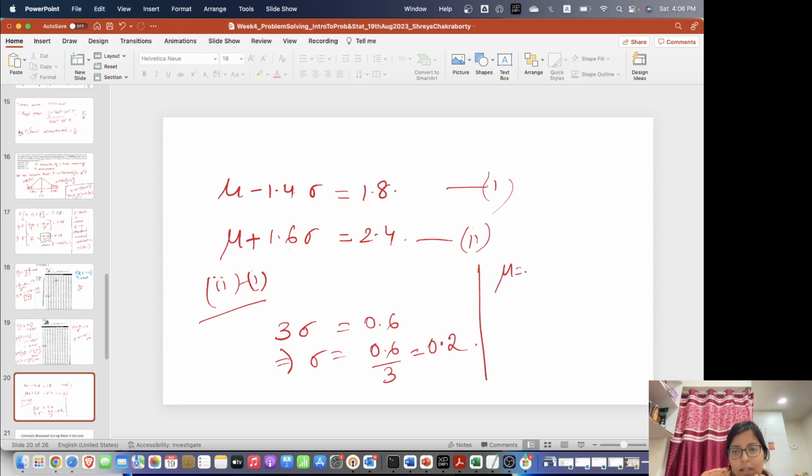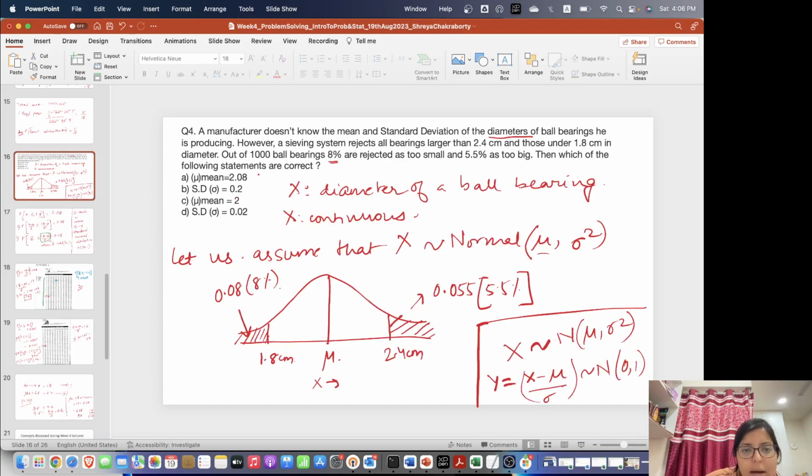And then mu will be 1.8 plus 1.4 into 0.2, which is 1.8 plus 0.28. So mu will be 2.08. Okay. You would get some more decimals if we have this thing. So mean 2.08 and sigma would be 0.2.